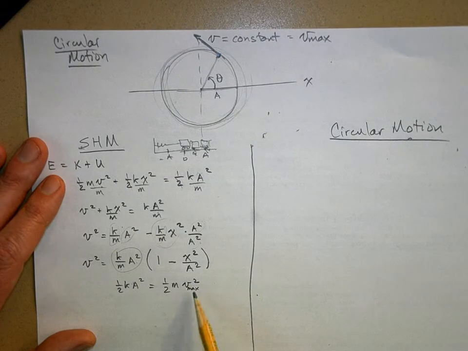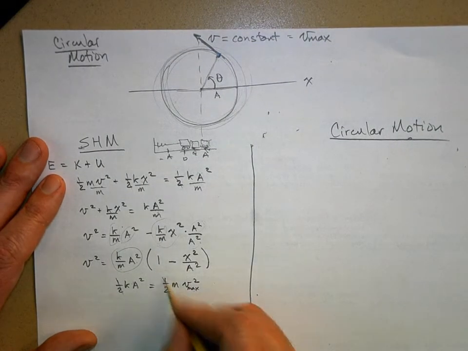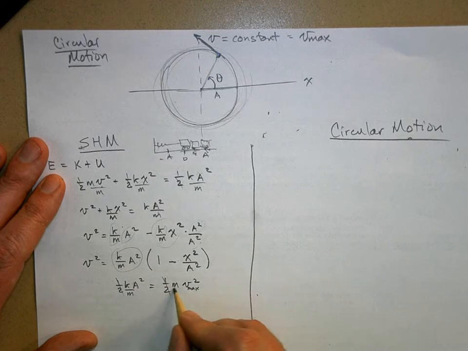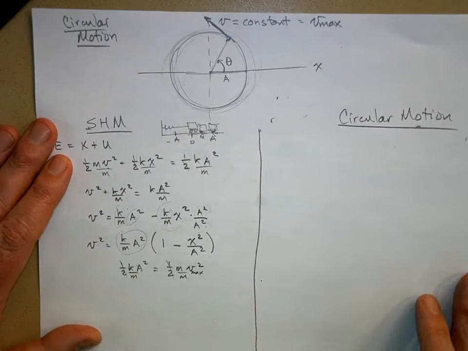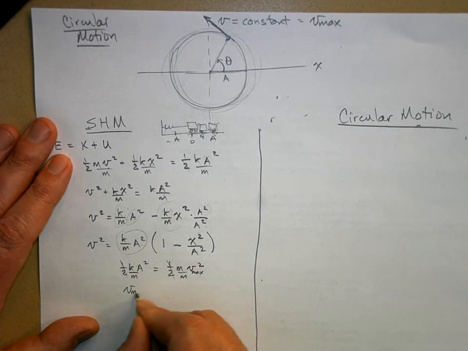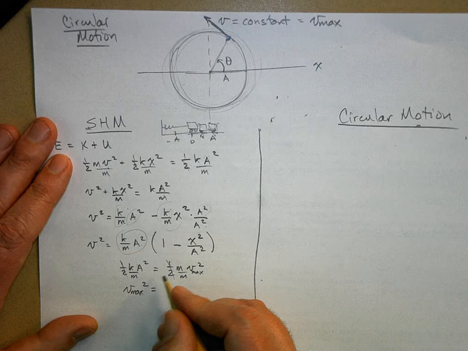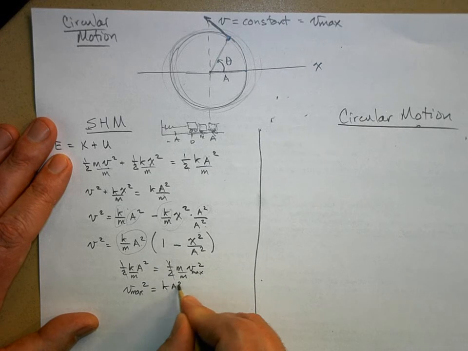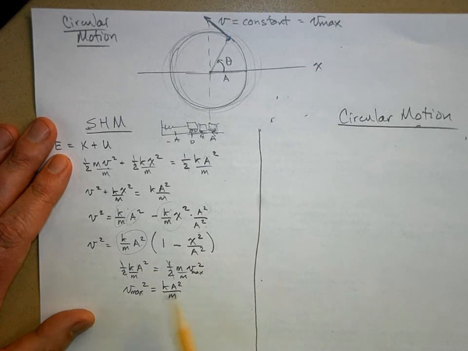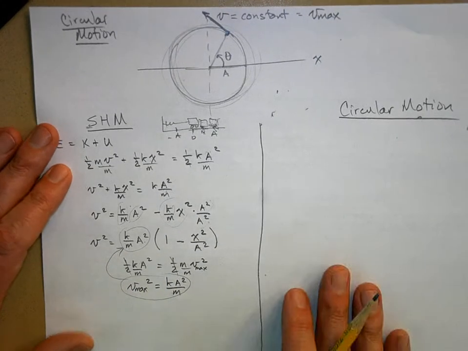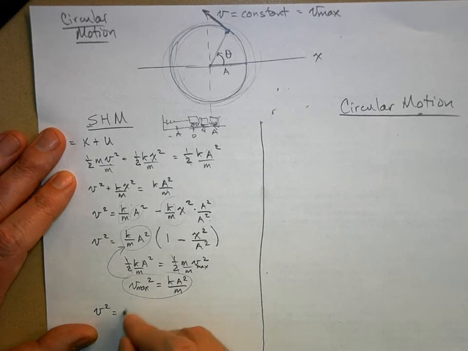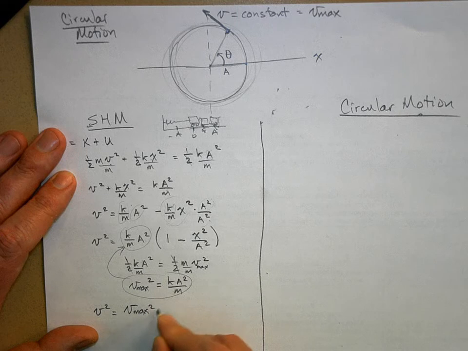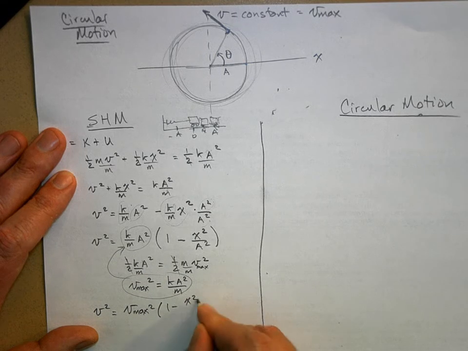And I'm going to solve for v max squared. So the 1/2 goes away, and I'm going to divide by m. And I get v max squared is equal to k a squared over m. But look, that's exactly what that is. So now I'm going to substitute that in, and I'm going to get v squared equals v max squared times 1 minus x squared over a squared.